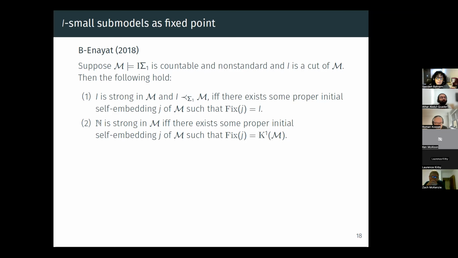But recently I have found a theorem in a paper by, I'm not sure about the name, Shochat.